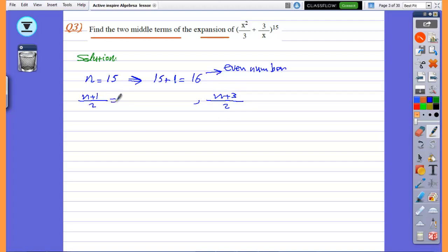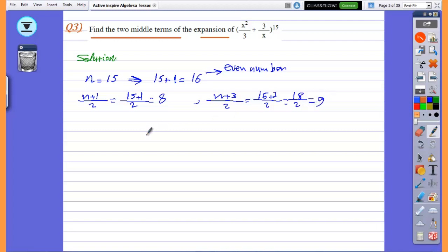Okay, here n is equal to 15, plus 1 over 2, which equals 8, and here 15 plus 3 over 2, 15 plus 3 is 18 over 2, which equals 9.